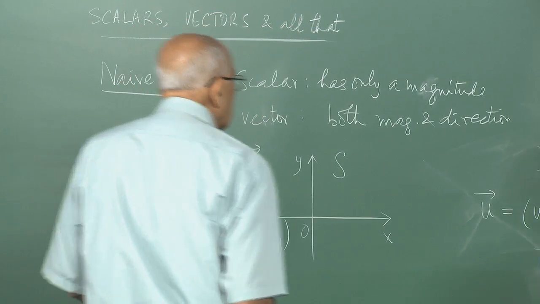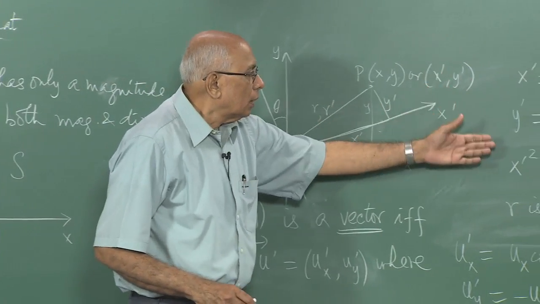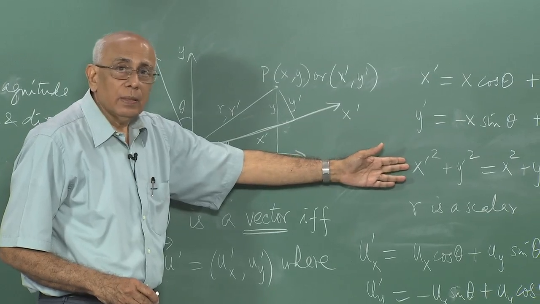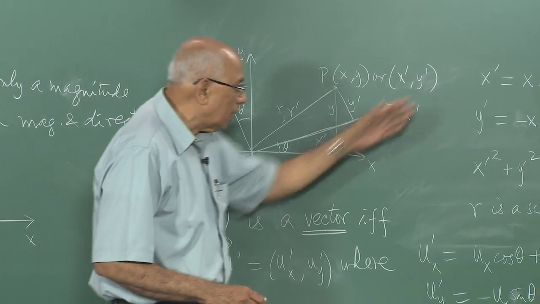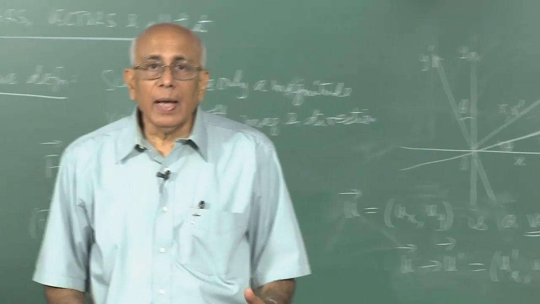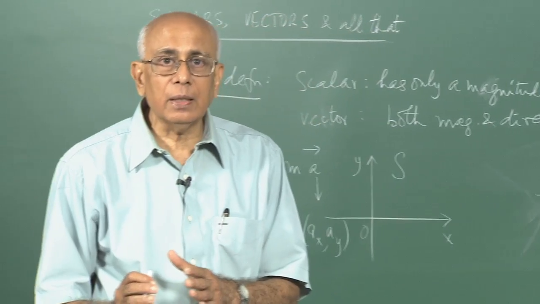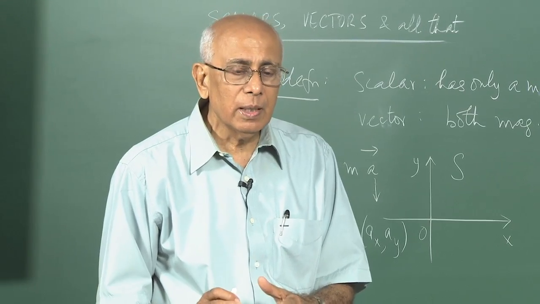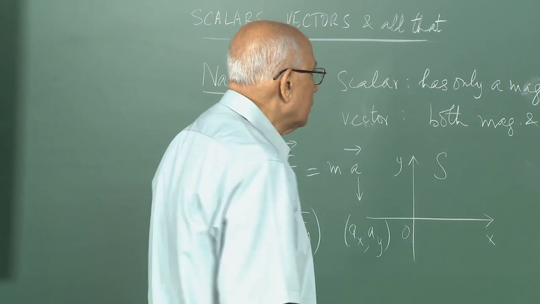If you have a third dimension, a third axis coming out of the paper, there would be a uz also, and it should transform in exactly the same way as x y z transforms to x prime y prime z prime. Any set of three quantities which transform in the same way as the three Cartesian components of the position vector would then be called a vector in three dimensions.